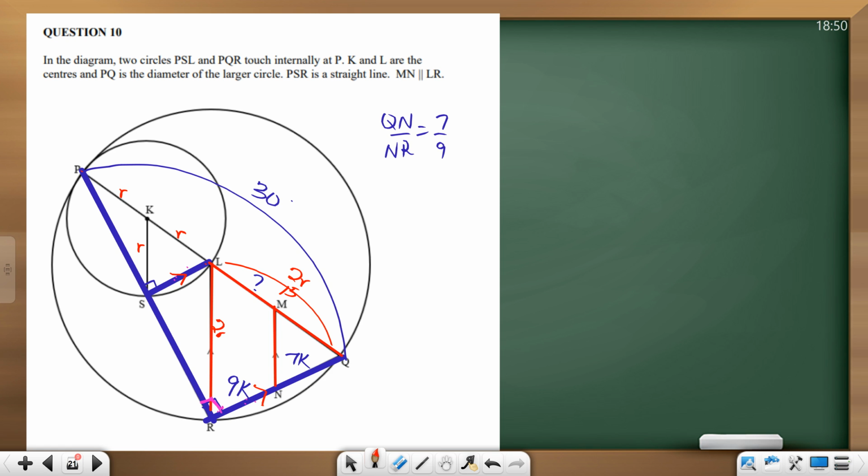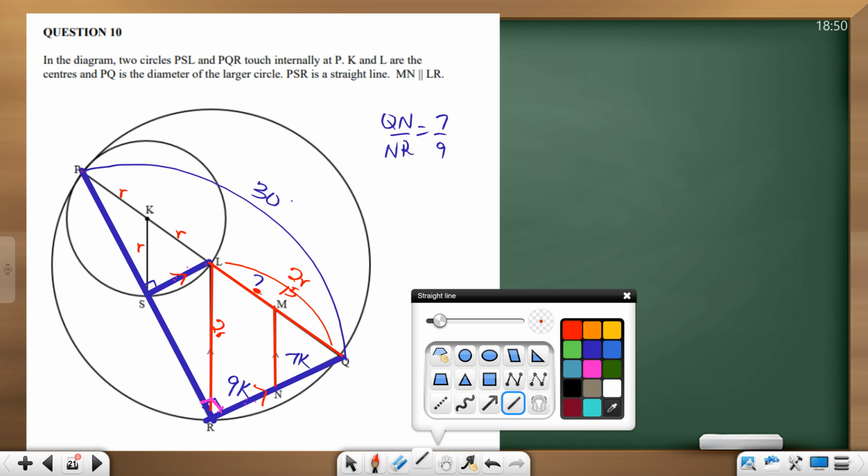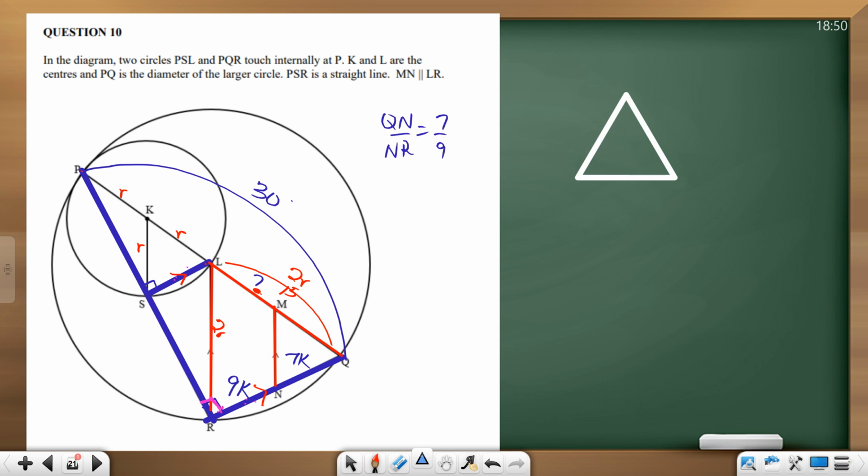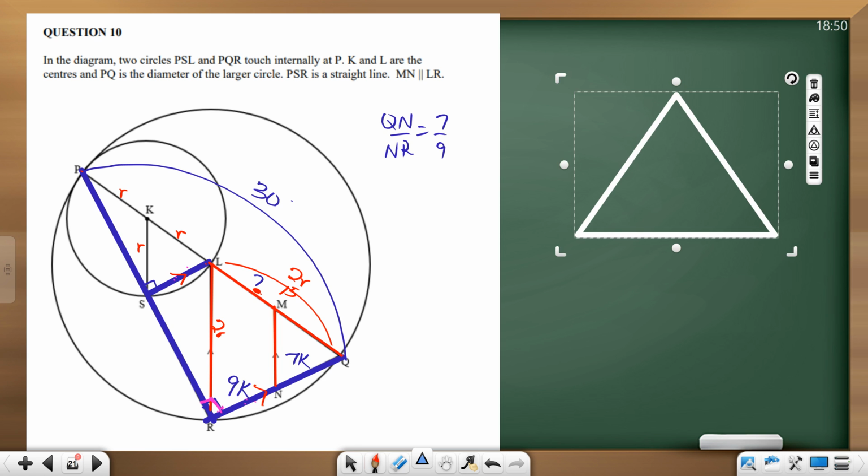Can we use proportionality since I'm looking for LM? When do you use proportionality? When you have a triangle and 2 parallel what? Lines. Okay. I don't know how you want us to work it out, but we can. Since I am looking for LM, I can actually work it out straight. Let me draw the triangle for you. I want you to see something here. There are 2 ways to do this, but I want us to just go straight into it.